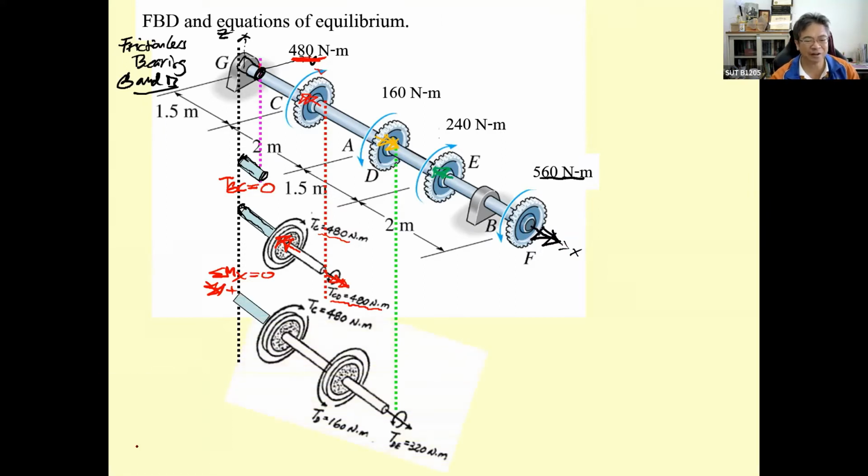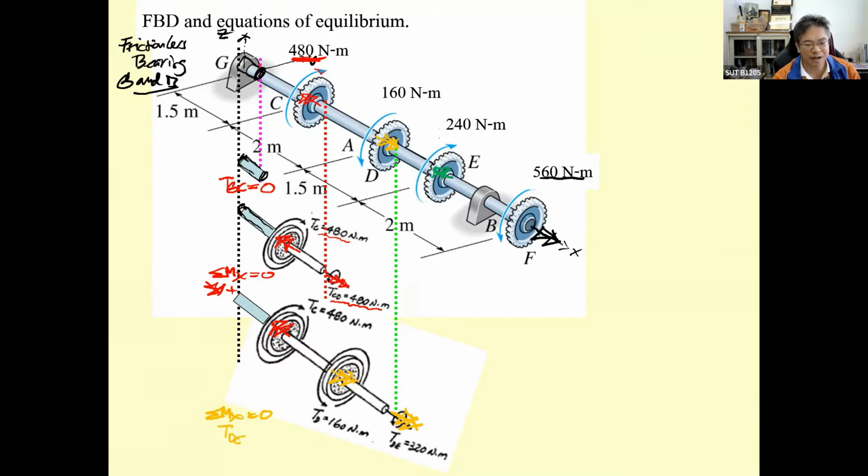By cutting another one, this is still 480. And the yellow one is 160. So put this one. Since 160 is smaller than 480, I'm going to put the torsion in which way? In the yellow way, okay? To make it, you do the summation of the moment about x equals 0.